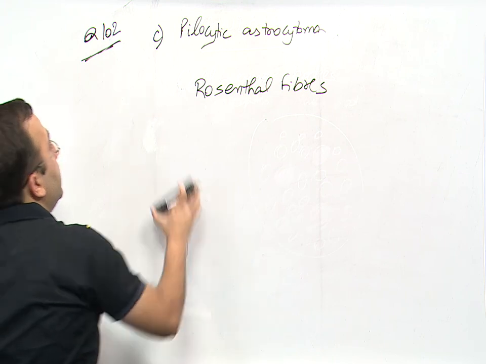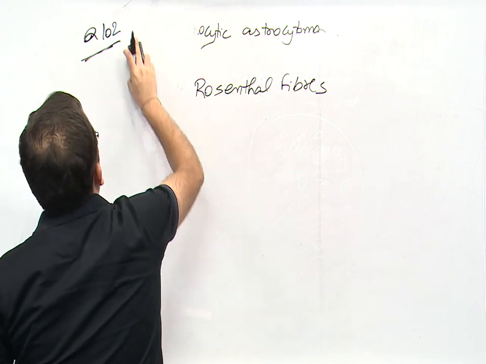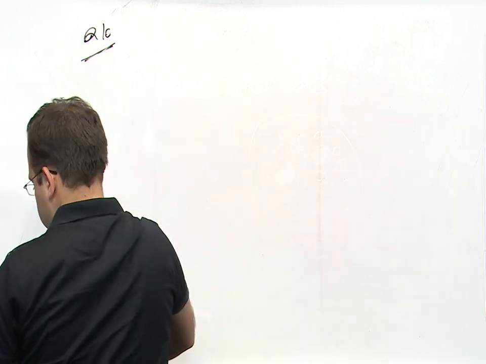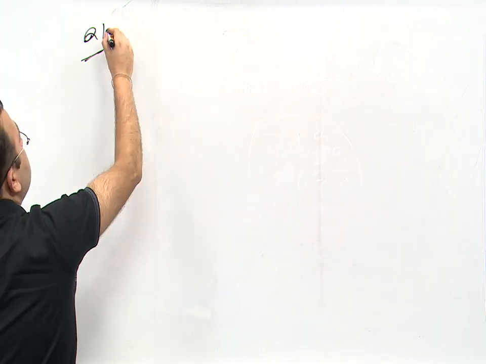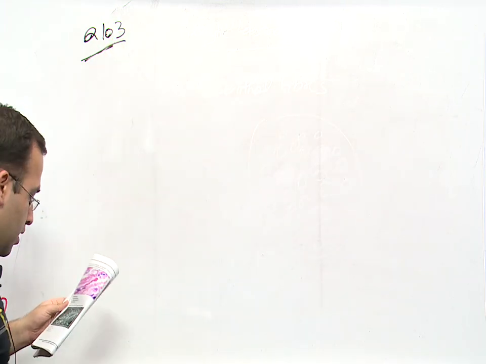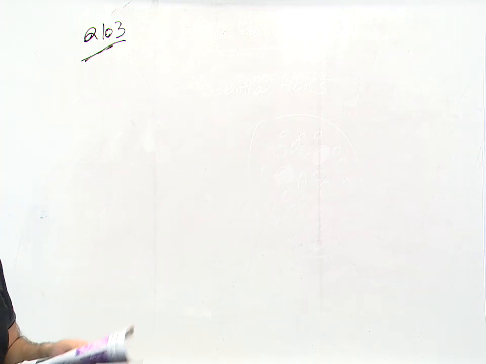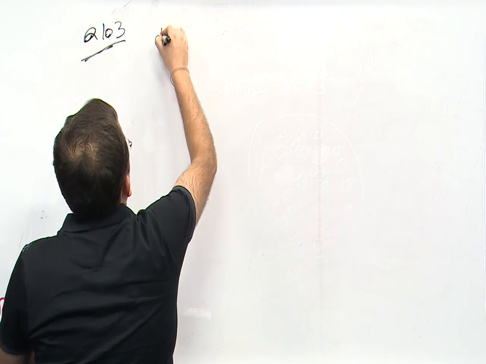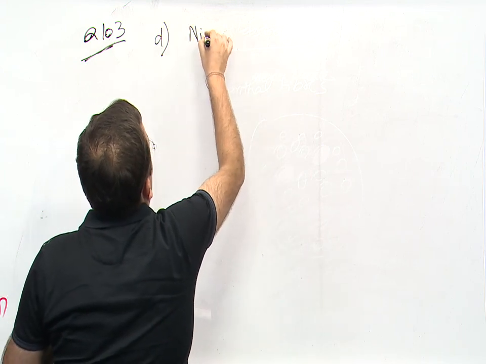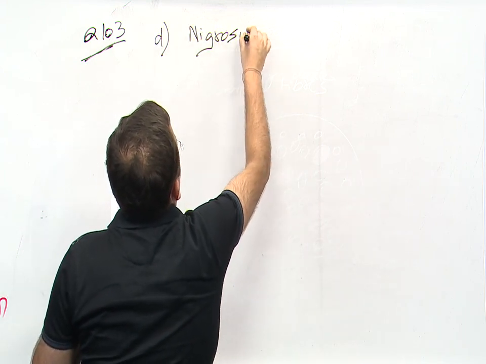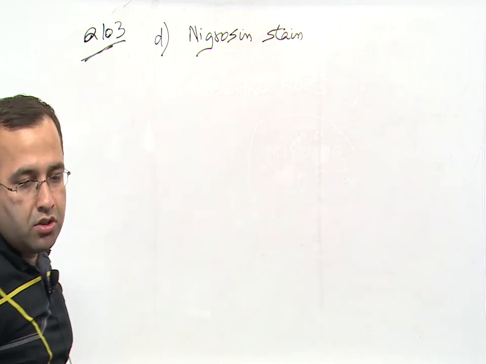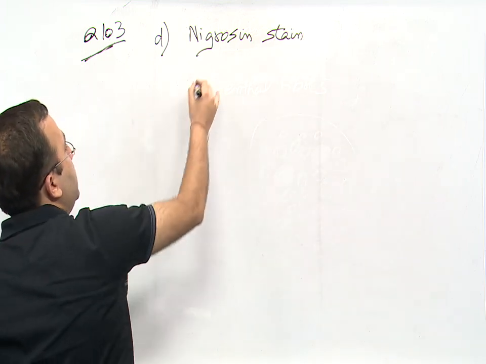Next, coming to the next one, that is question 103. Stain shown in illustration. It is most likely to show the nigrosin stain. This is the nigrosin stain which is used for E. coli.